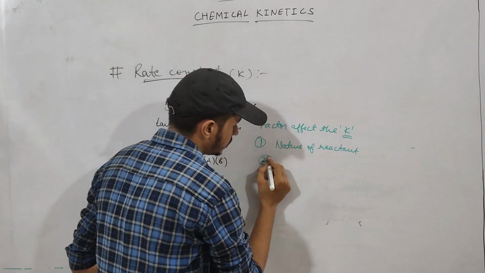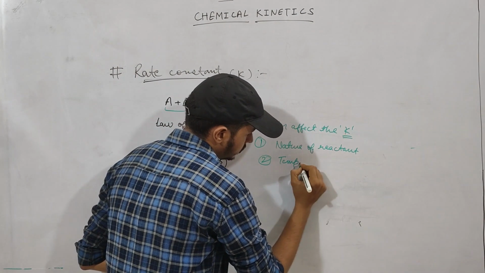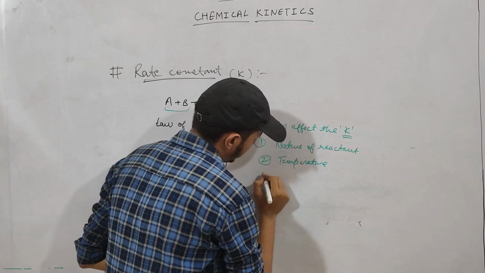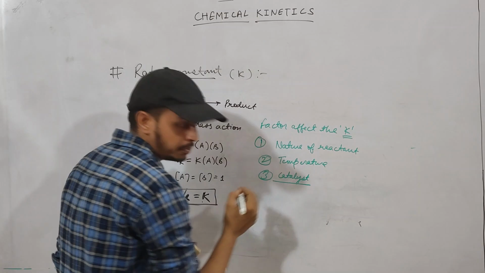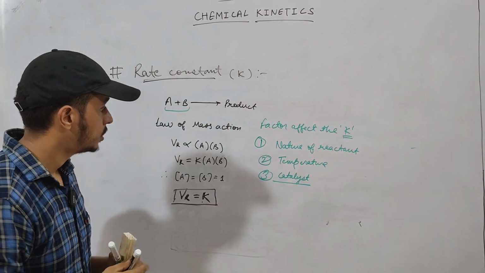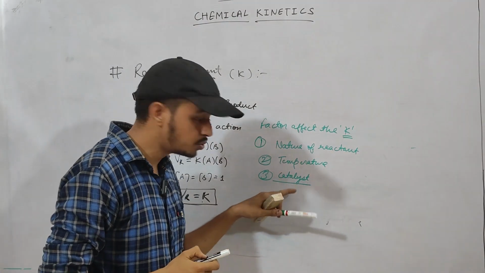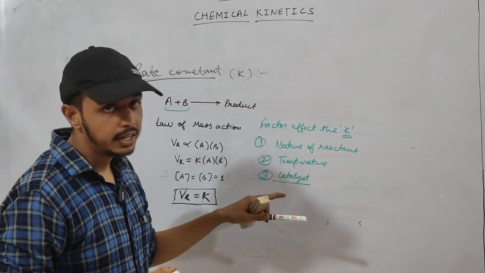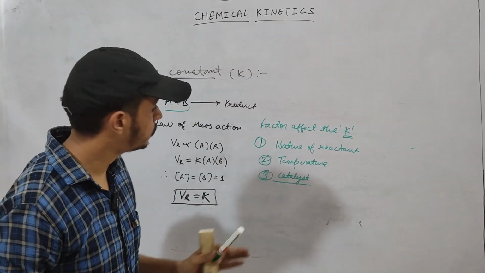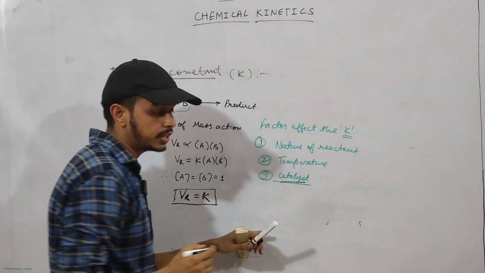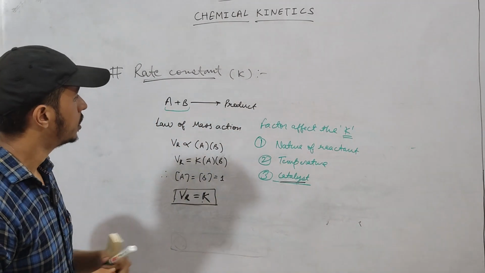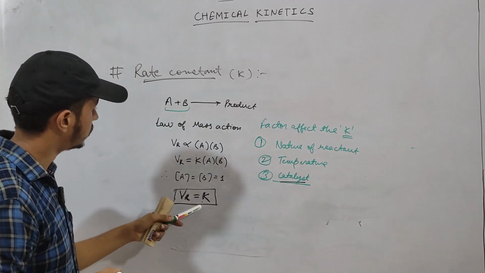Second is temperature. And third one is catalyst. What is the meaning of catalyst? A catalyst is that which does not participate in the reaction, but it increases or decreases the reactivity of the reaction. So it never participates in the reaction, but it increases or decreases the reactivity of the reaction. So these are the three factors which affect the rate constant.